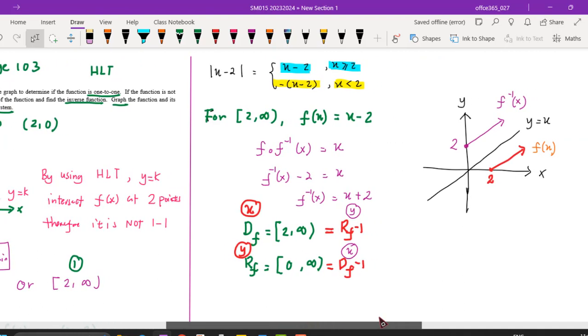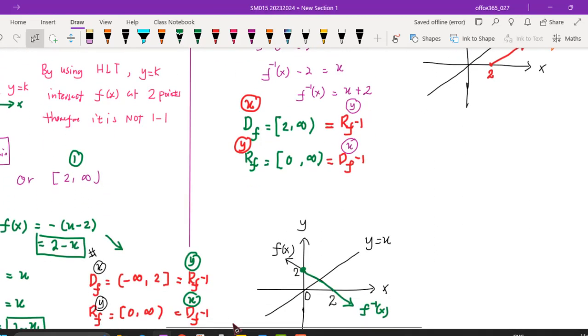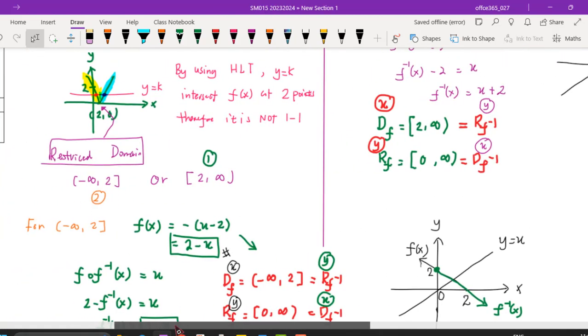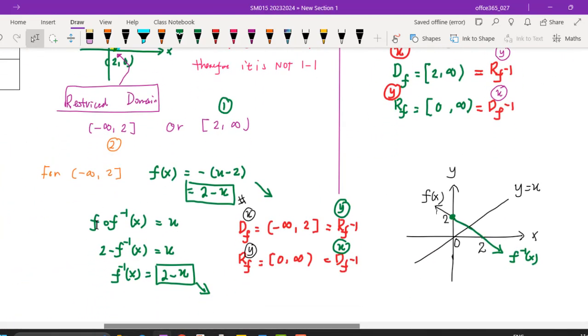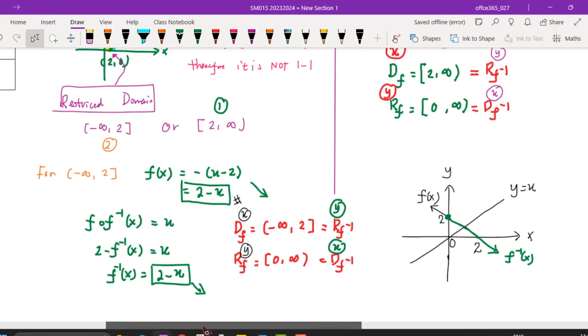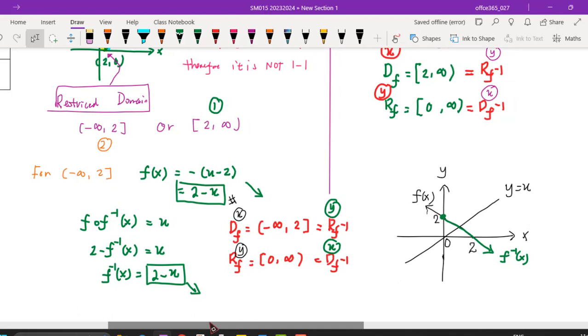They must look symmetrical with respect to y equals x. And the second choice, the function is 2 minus x. The procedure for finding the inverse is also the same. But during graph sketching, we found that the two graphs are overlapping because these two functions are the same. The different thing is their domain and range are not on the same track. So this is how we get the example for A.